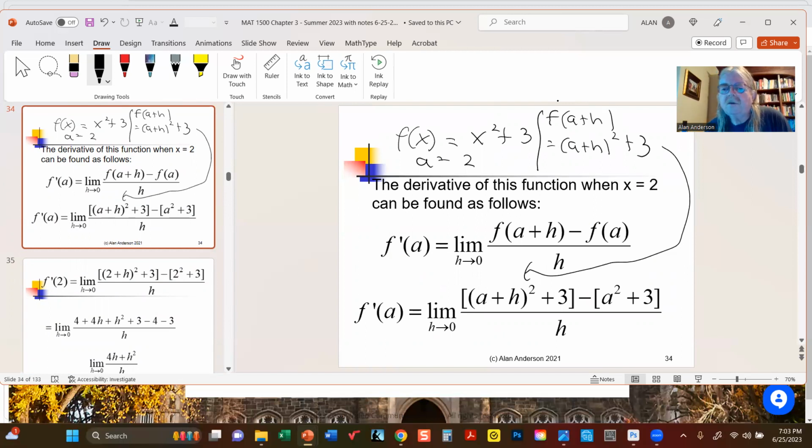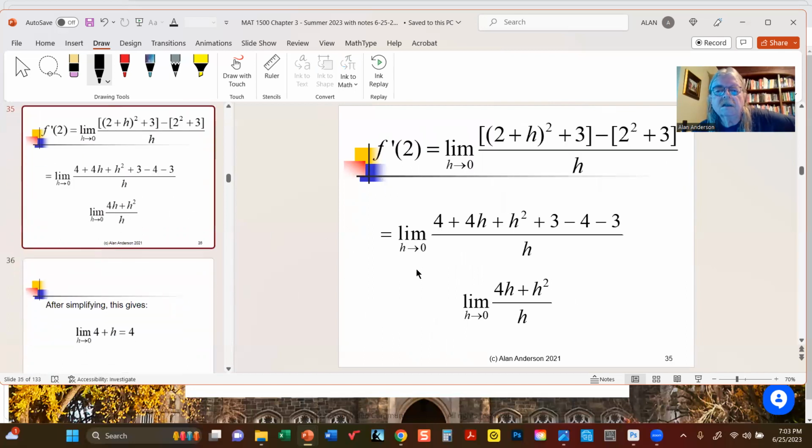And that also implies that f of a, just plain f of a, would be a squared plus 3. Again, it's just direct substitution. So now it's just a question of plugging in the value of a, and then expanding, and then taking the limit.